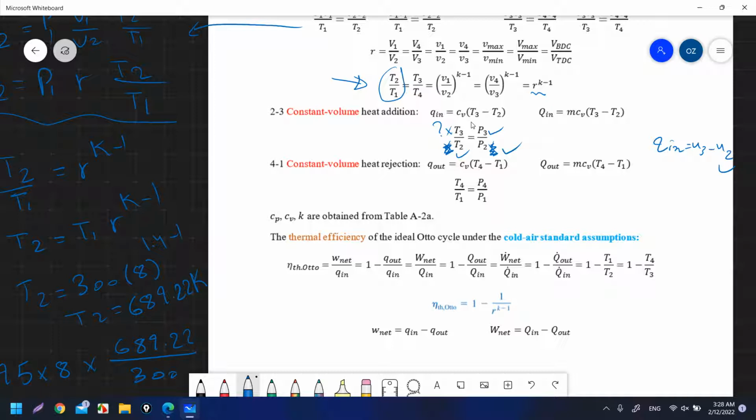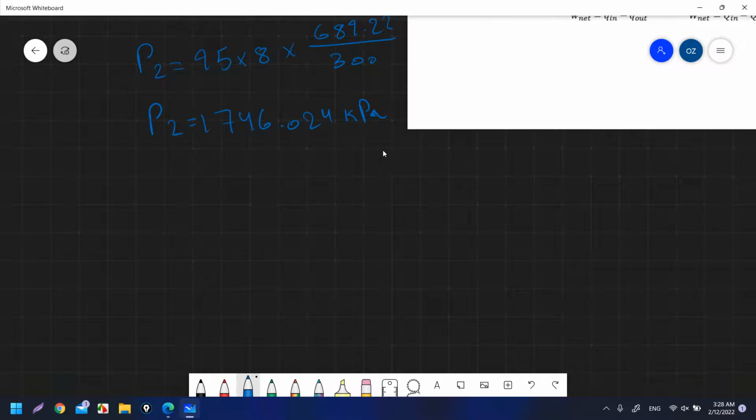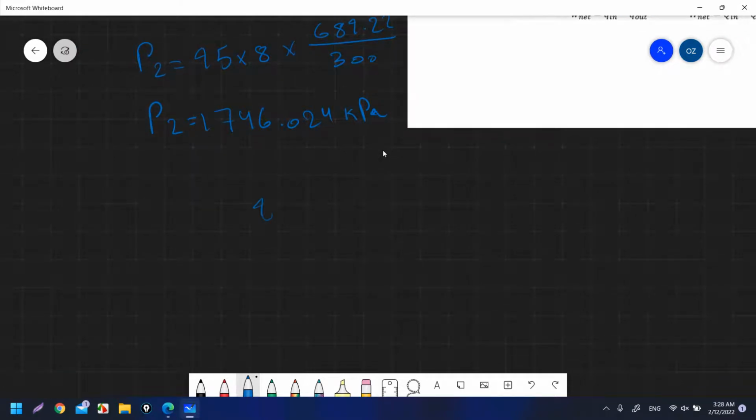Qin and u2 I already had, so I got u3, and from u3 I found T3. Here it is the same thing, but with temperature, not internal energy. I will use this equation: I have Qin, I found T2, and cv from the table, so I can find T3. So let's write Qin equal to cv times (T3 minus T2).